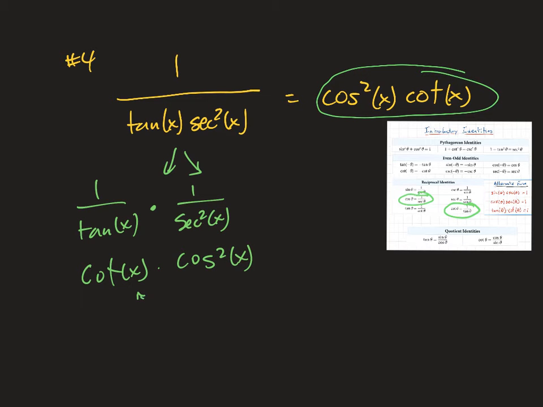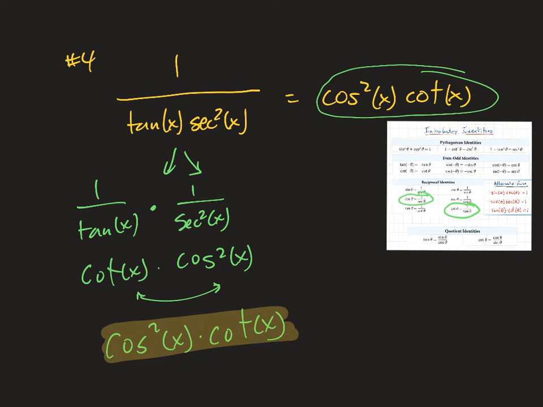And then I can just use the commutative property from algebra class to change the order of these things, because multiplication is commutative, and I end up with exactly what I was shooting for, which is the cosine squared of x times the cotangent of x. So we use two little reciprocal identities, and we transform the left side into the right side.